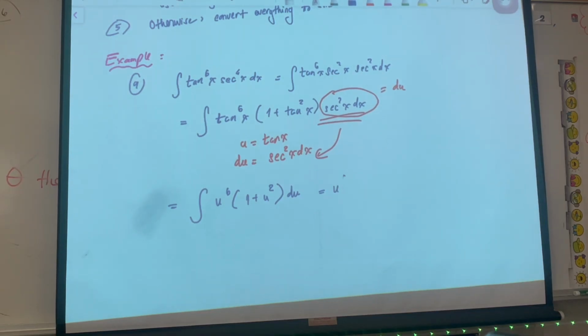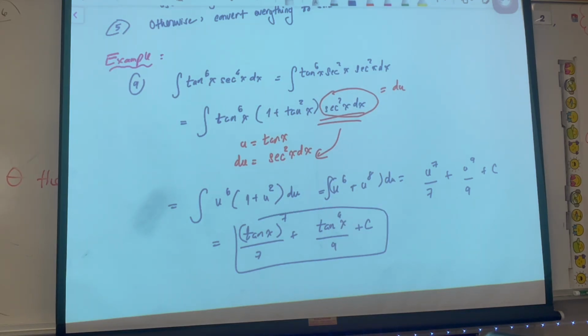You have u to the 6 plus u to the 8. Then that becomes u to the 7 over 7 plus u to the 9 over 9 plus c. Plug it back in, you have tangent x to the power 7 over 7 plus tangent 9 over 9 plus c. Very similar to the sine cosine though.